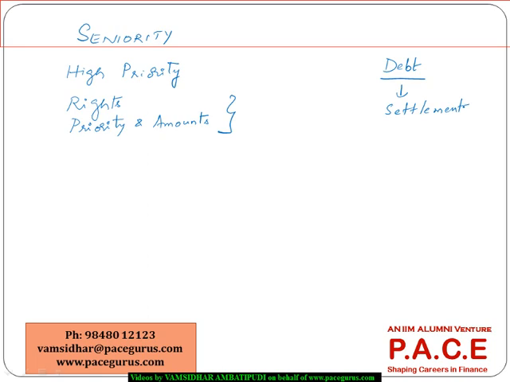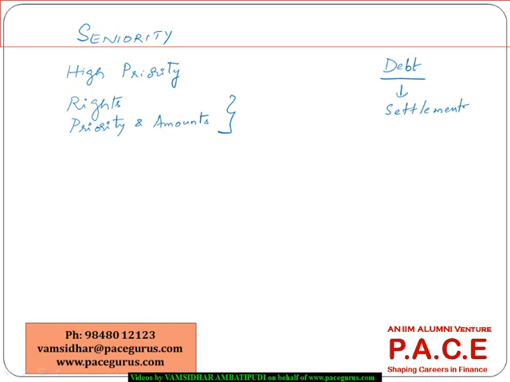Now, among those debt investors themselves, is there uniformity across all the various debt products, or is there any differentiation in terms of the settlement? That is what I am trying to bring in from the dimension of seniority.